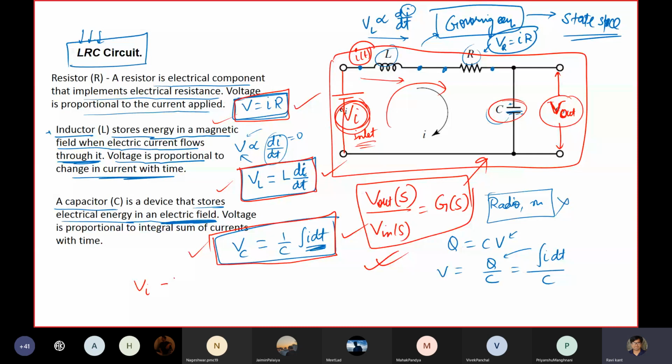Then I am going to lose my voltage again as I times R. I am again losing my voltage across this capacitance as minus 1 upon C integration of I dt, and then the loop is closed. This is your governing equation. That's it.